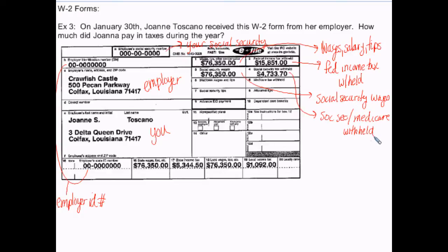These other boxes, you have allocated tips, you have different areas where they can put in any retirement information or flexible spending account information. We'll get more into that in a little bit. Down at the bottom is the local and state tax zone. So this is your wages. This is state income tax. And then you get your wages again. And then you have local income tax.